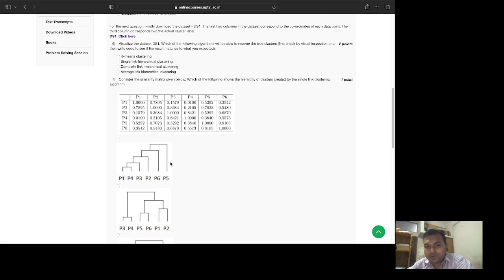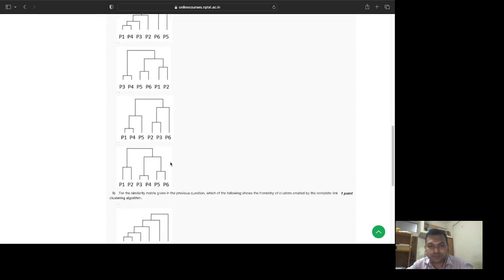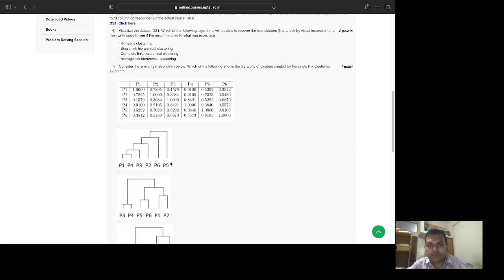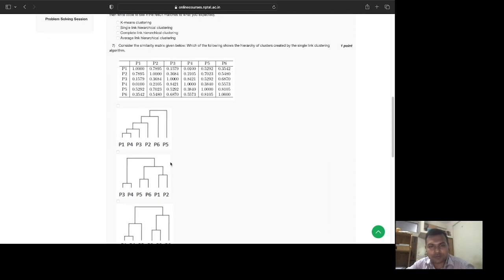This is a bottom up clustering, so you need to check which are the closest points among all these pairs, like P1, P2, P3 up to P6, and you merge them first.